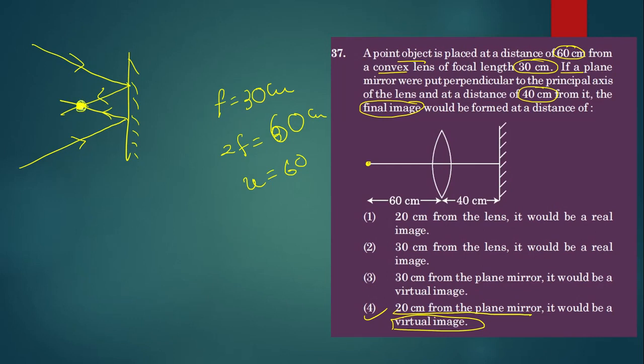Now, whether this image will be final or not will be decided by whether these rays of light suffer refraction or reflection further or not. In this case, this is not the final image. But if it happens that these rays of light go on without any reflection or refraction further, then this will be the final image. So yes, it is also possible to form a real image with the help of a plane mirror under this condition. Let's move on.